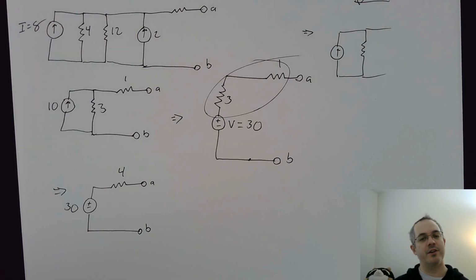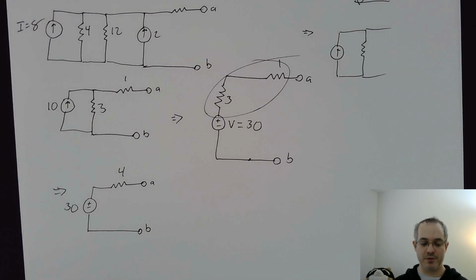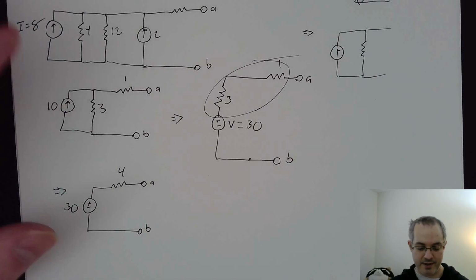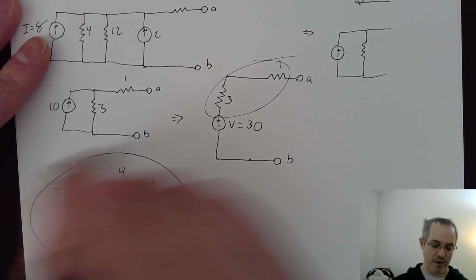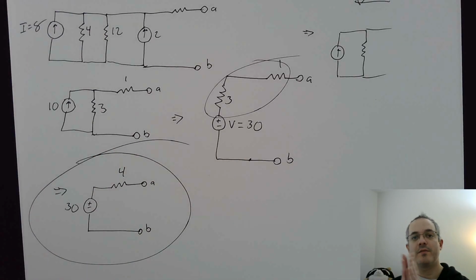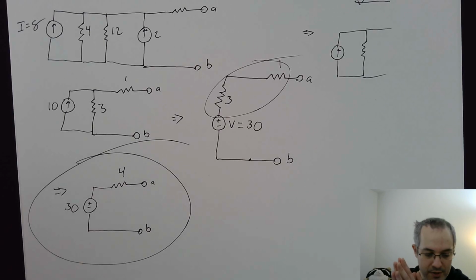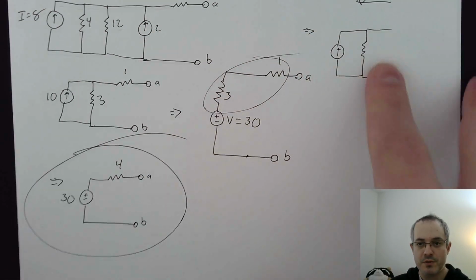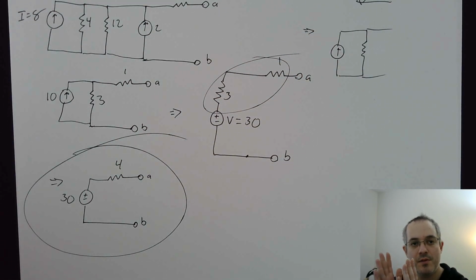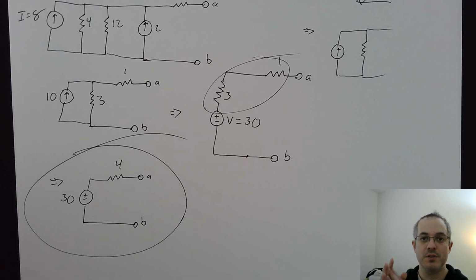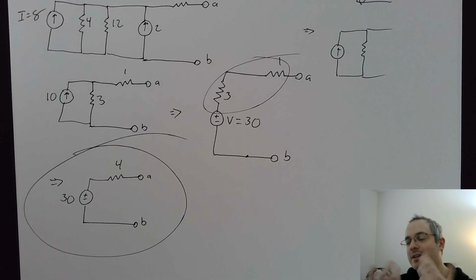So you don't really need to go through this step process every time. Sometimes you can get away with doing just a whole bunch of source transformations and you get it all for free. So I kind of like doing it that way when at all possible. I very, very, very highly recommend that you push yourself to do the source transformation method whenever you see a circuit where it could be used, even if it doesn't end up making it any simpler.